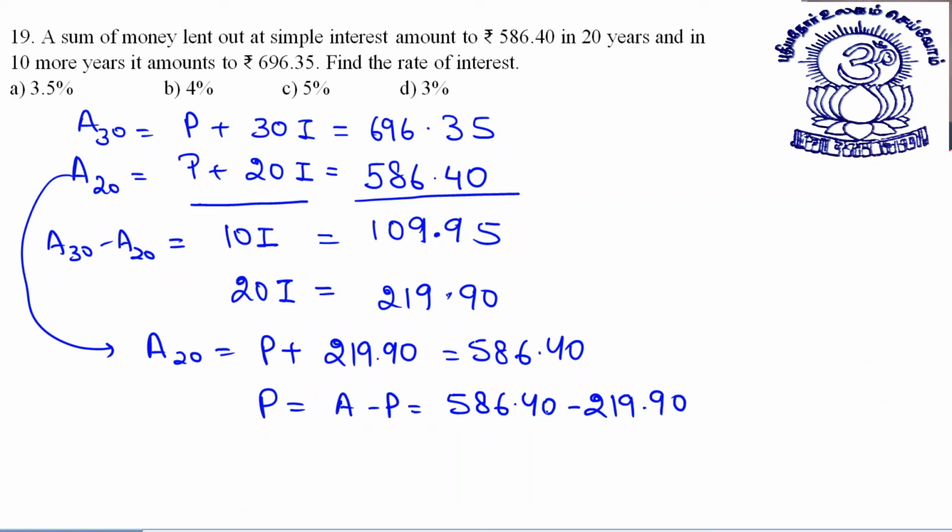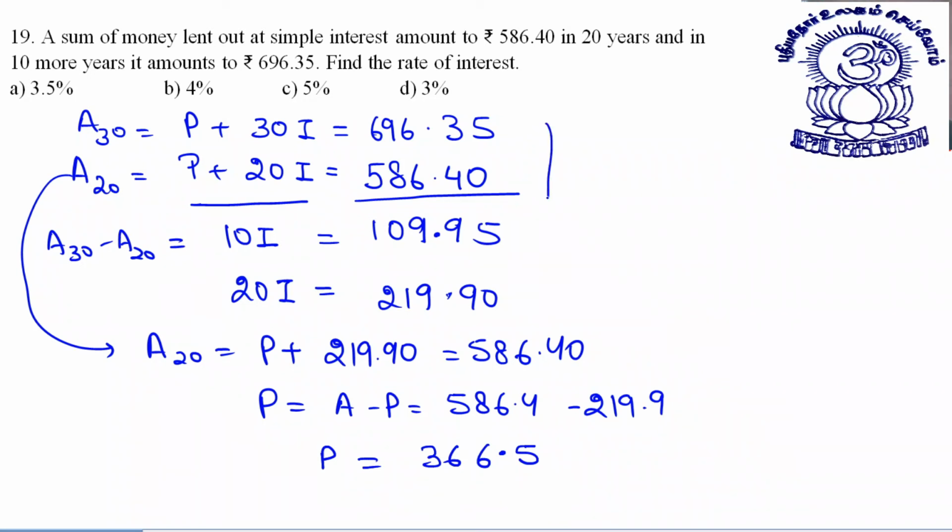First of all, the 0 I don't need to write, I can remove the 0. 14 minus 9 is 5, 15 minus 9 is 6, and 57 minus 21 is 36. So the principal is 366.5.